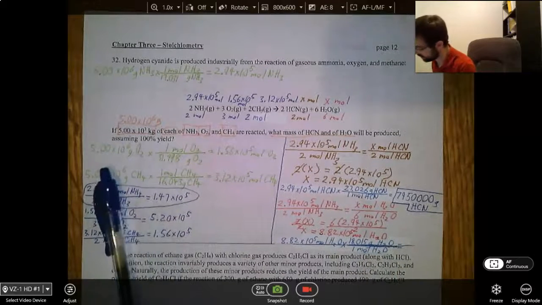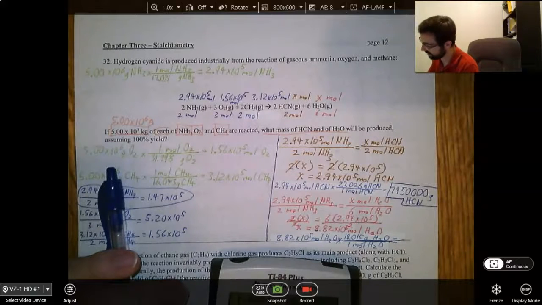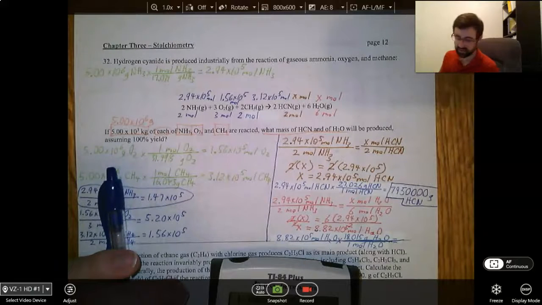Put that in a calculator. 8.82 times 10 to the 5th times 18.015. I get, wow, that's a huge number. I'm just going to switch it to scientific notation. And you can do that anytime you want to. 1.59 times 10 to the 7th.